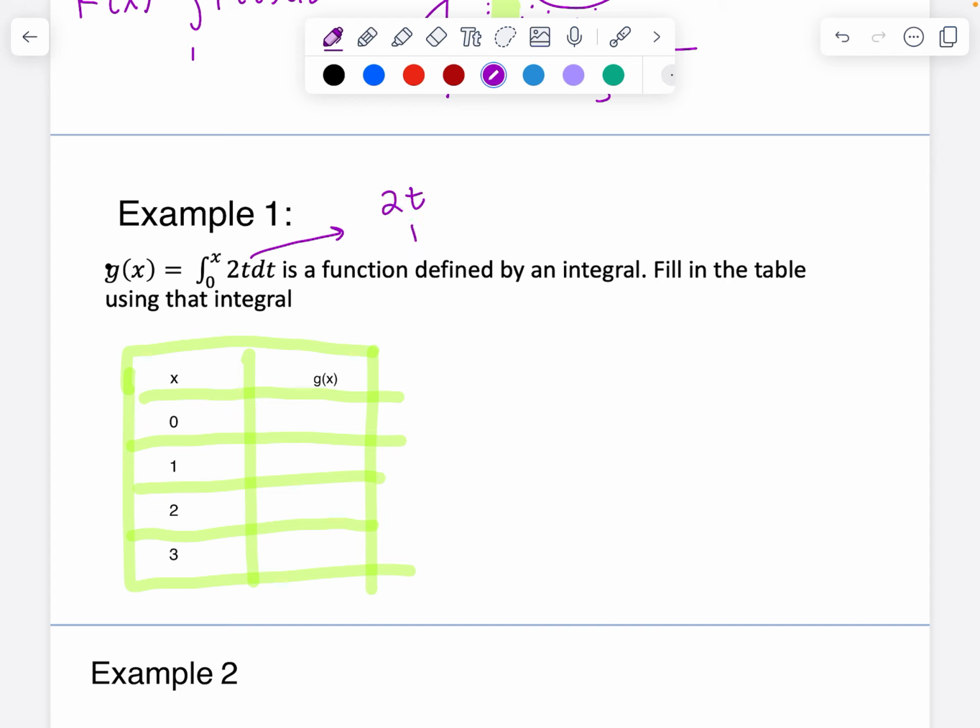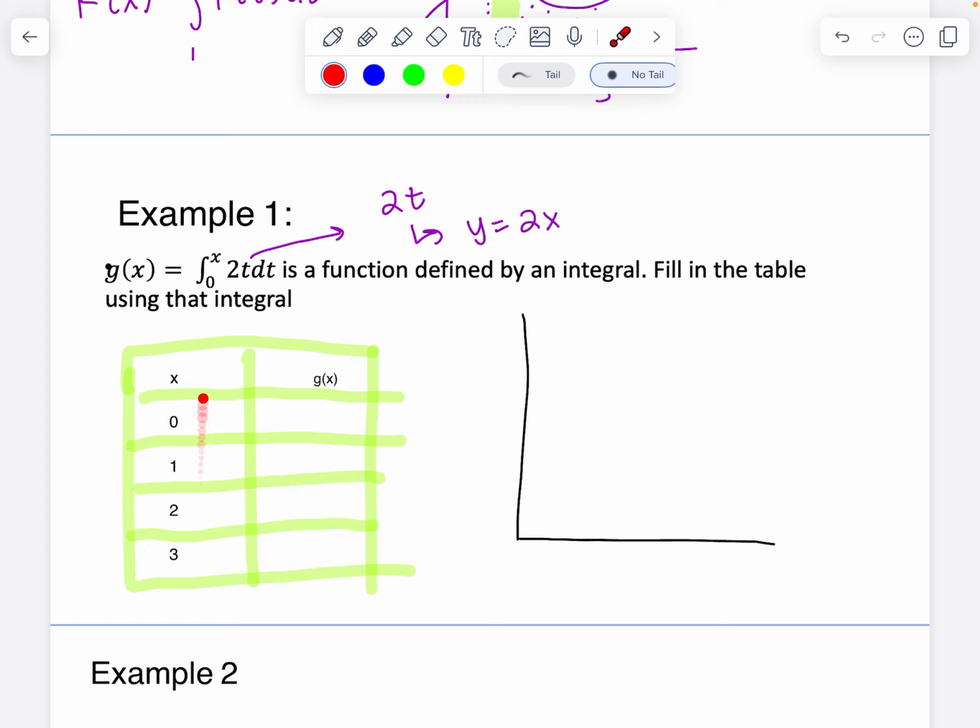And you can essentially think about that as, sometimes it's hard for us to envision it when it's not x's and y's, but essentially we're going to be finding the area under the curve of 2x. So what I'm going to do over here is give myself a little sketch of what the graph of y equals 2x is. And I'm going to be as neat as I possibly can. For my x-axis, if you look here, my x's only go up to 3.